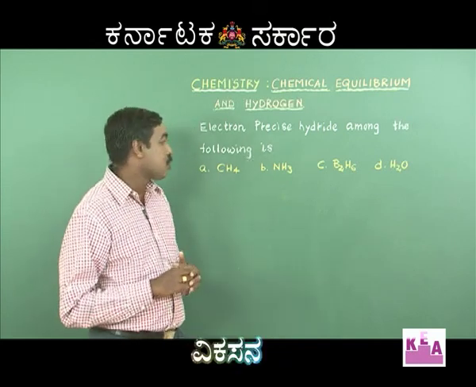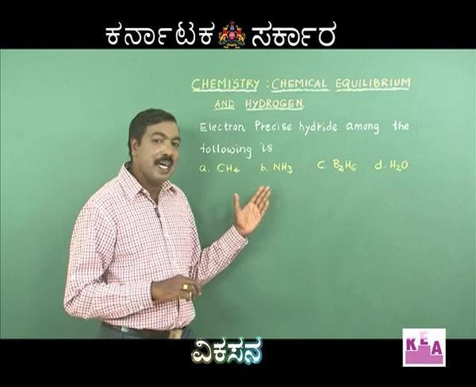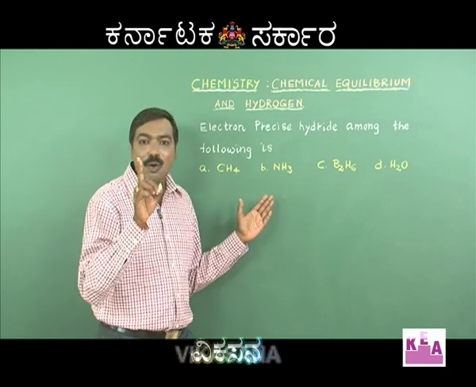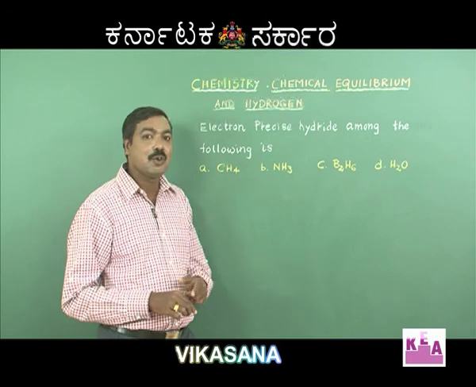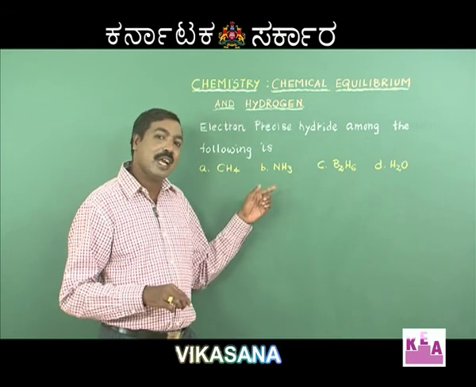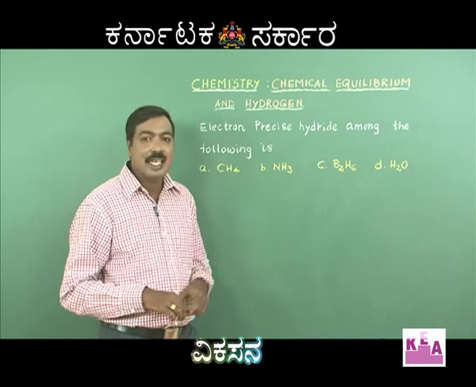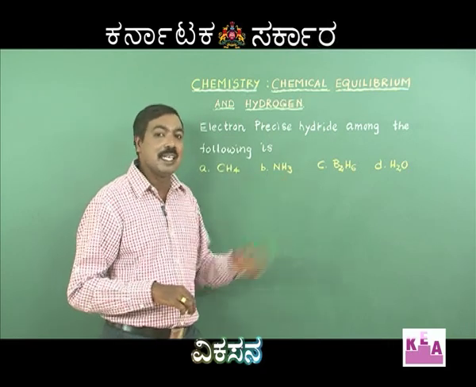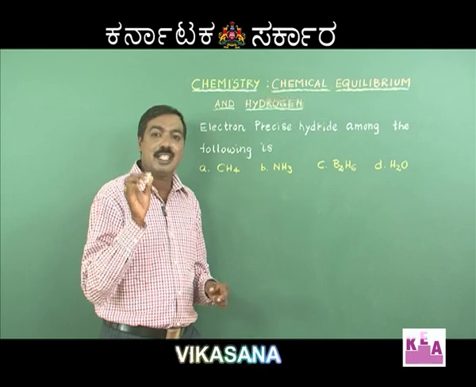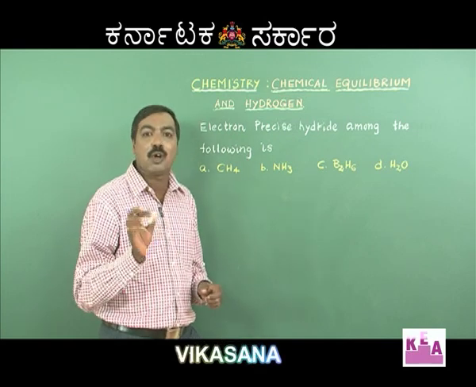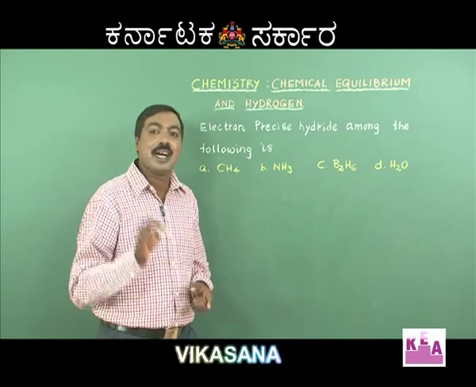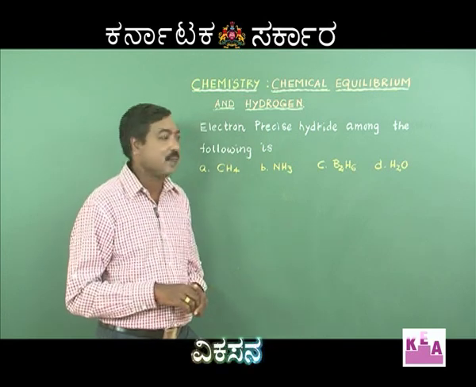Now we will look into the options. Option B, ammonia, has one lone pair of electrons. Therefore, it is an electron rich or electron excess hydride. Come back to option C. It is a hydride of group 13. Hydrides of group 13, as I mentioned, boron hydride and aluminium hydride, are electron deficient hydrides.